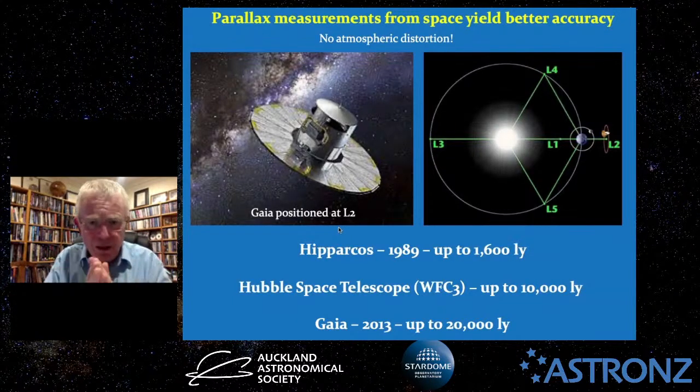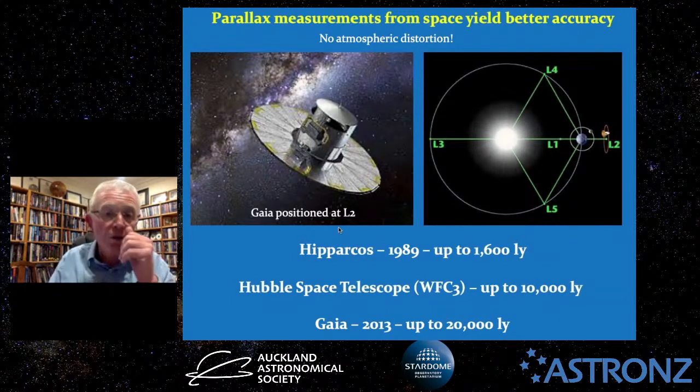There are 3 satellites that have been doing a lot of work up there in that regard. Hipparcos, launched in 1989, is okay up to about 1,600 light years. Hubble Space Telescope can do some of this up to about 10,000 light years. But the Gaia satellite, that's in space, positioned at L2, Lagrange point 2.